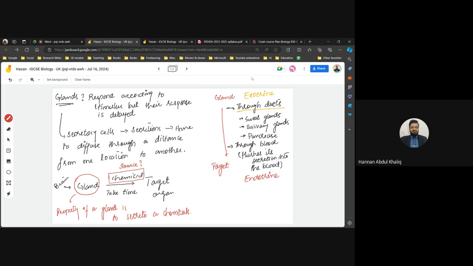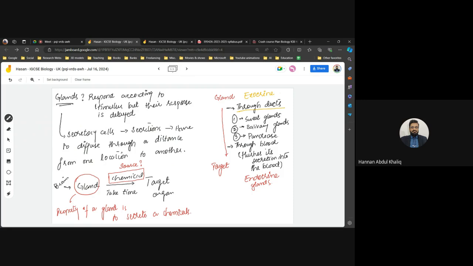Now, obviously, we have exocrine glands. First, this is the first exocrine gland. This is the second exocrine gland. This is the third exocrine gland. We might have more. Then we have endocrine glands. So let's talk about different types of endocrine glands that we are going to study. We have multiple endocrine glands.